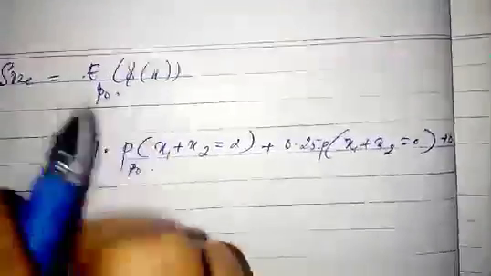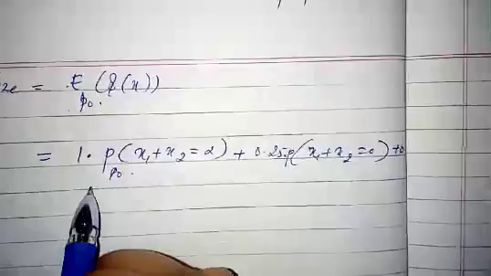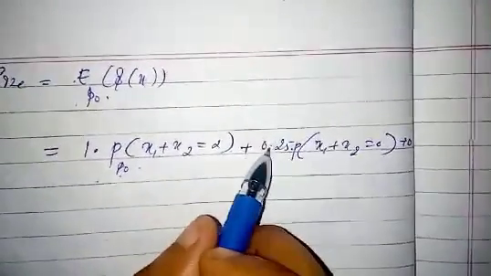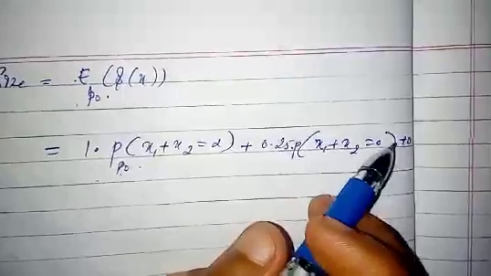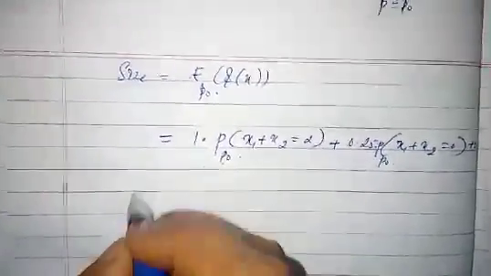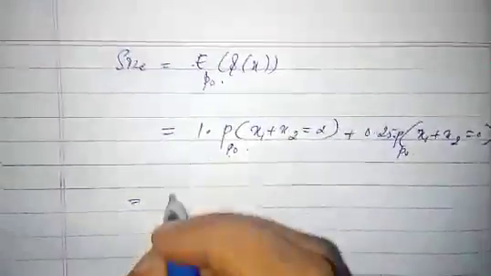From the test function we can write the expectation of phi of x as 1 times the probability of x1 plus x2 equal to 2, plus 0.25 times the probability of x1 plus x2 equal to 0, under H naught.